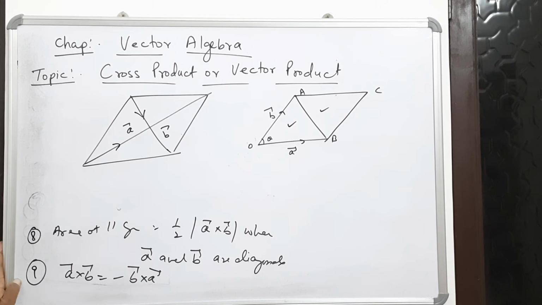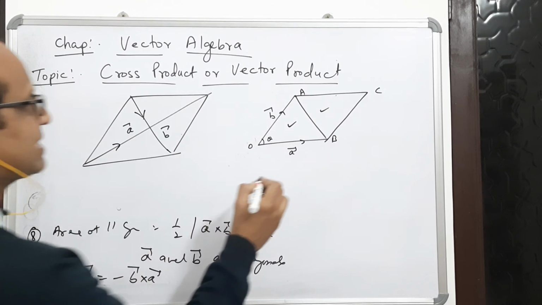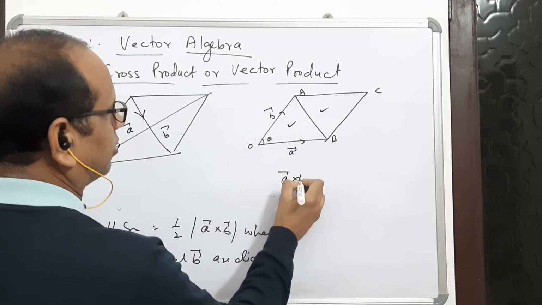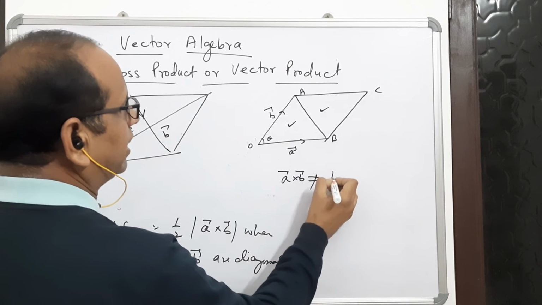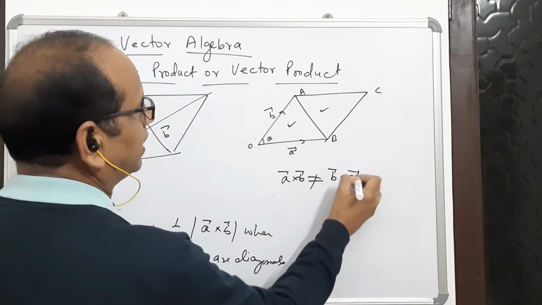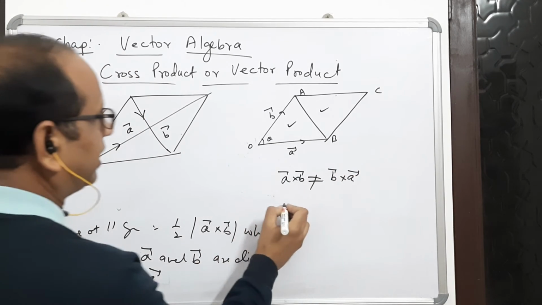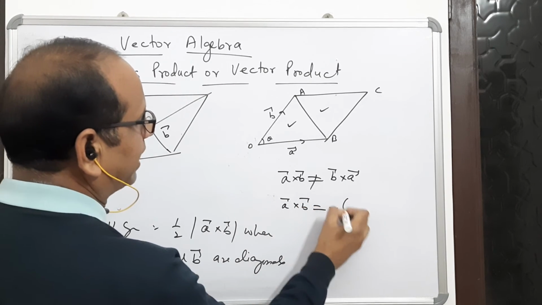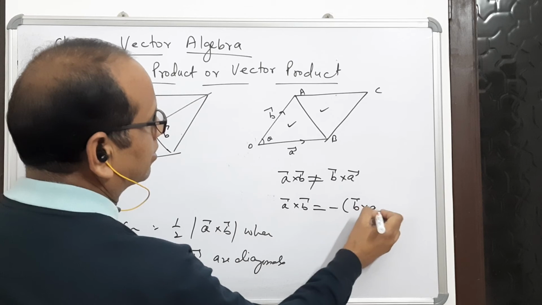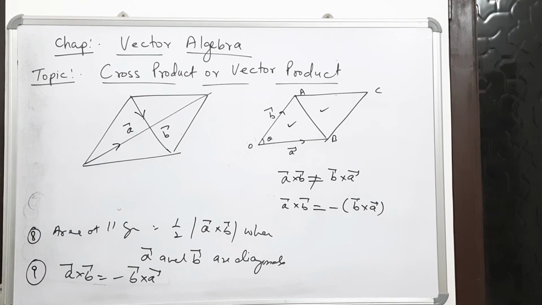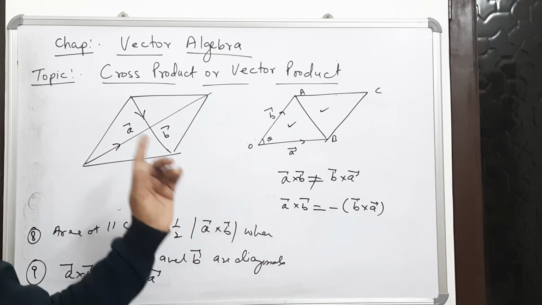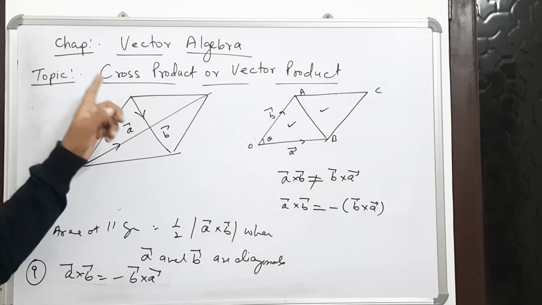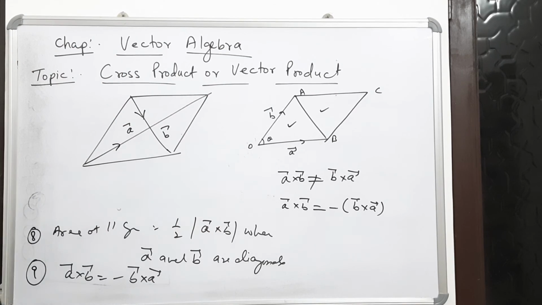And the last and the most important property is A cross B is not equal to B cross A. Actually, A cross B is equal to minus B cross A. And in physics, you might have read that this cross product or vector product represents the right hand rule.